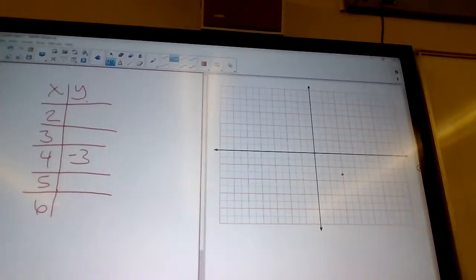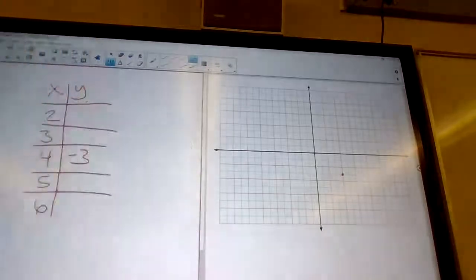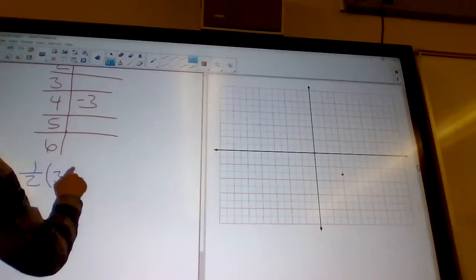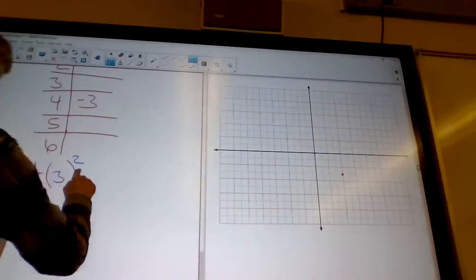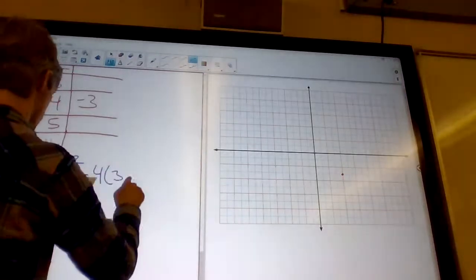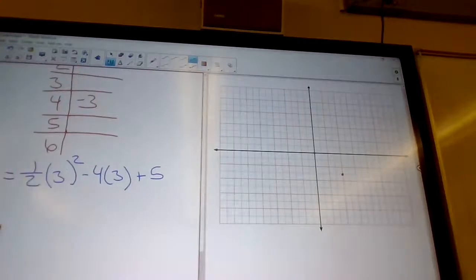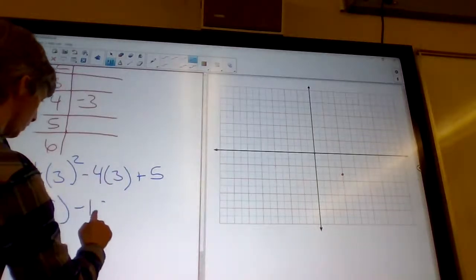So let's start with 3. So y equals 1/2 times 3 squared minus 4 times 3 plus 5. Again, order of operations. 3 squared is 9. -4 times 3 is -12.